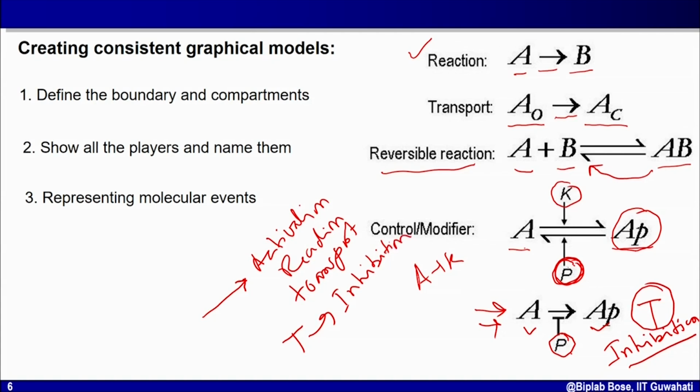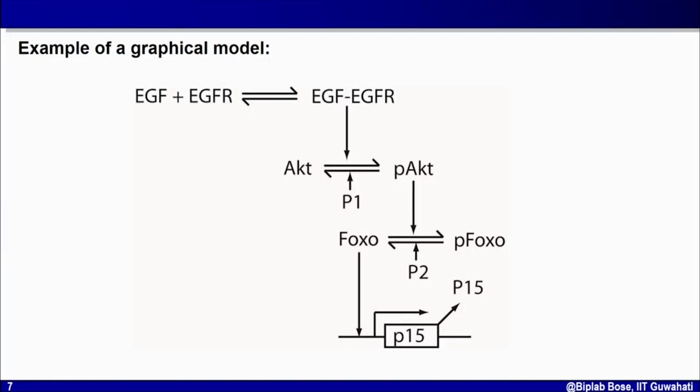We are drawing these unit processes. We will club these unit processes, like a reaction, reversible reaction, inhibition, control by enzymes, to create a larger map of a particular process. Let us see that example. Suppose we want to model how EGF controls the cell cycle.